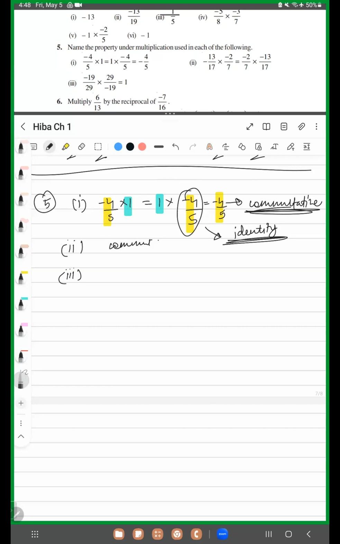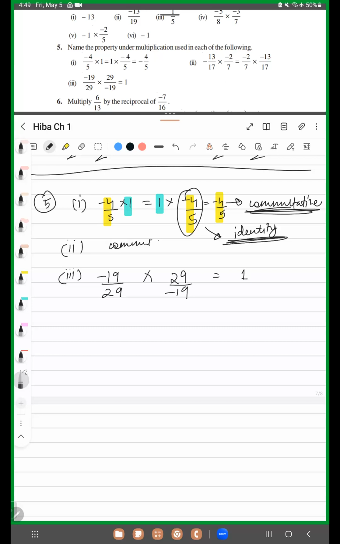Second वाला is commutative. Third वाला बताइए क्या है? There's -19 by 29 and they are multiplying it with 29 by minus 19, and it is giving you 1.